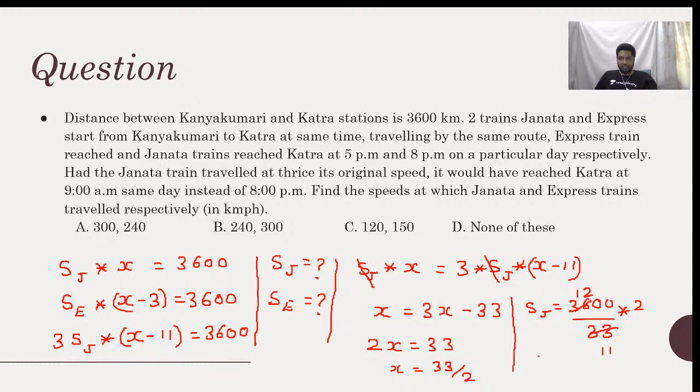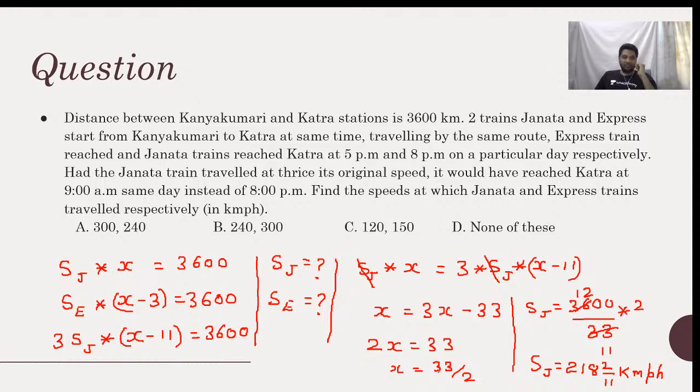So Sj therefore will be equal to 2400 divided by 11. 2400 divided by 11 would be 218 2 by 11 kilometers per hour. Sj is equal to 218 2 by 11 kilometers per hour.